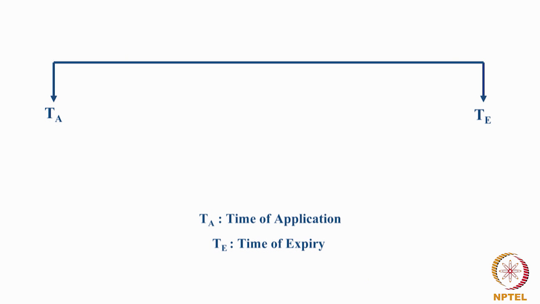In an ideal case, when a patent is granted, it can survive. The patent has a 20-year term. So, TA to TE in an ideal case is going to be 20 years. So, 20 years is the patent term, and we have just described this timeline for you to understand the Patents Act as provisions which come into play between these two points.